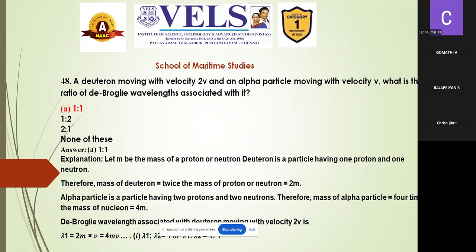Alpha particle is a particle having two protons and two neutrons. Therefore, mass of alpha particle is equal to 4 times the mass of a nucleon, which is 4m. According to de Broglie wavelength, lambda 1 is equal to h by 4mv, and lambda 2 is equal to h by 4mv. So the answer is 1 is to 1.